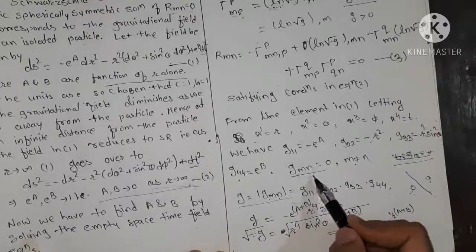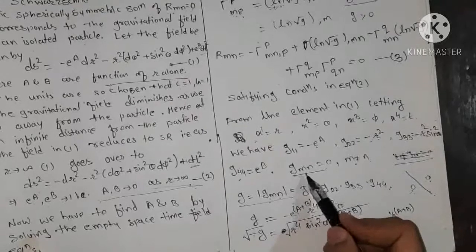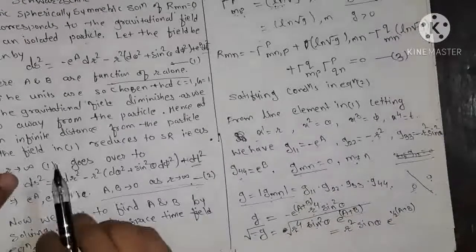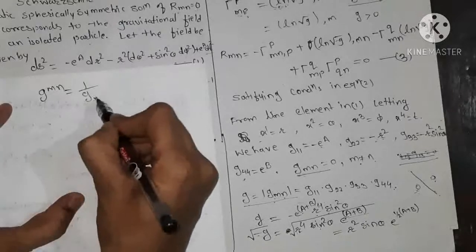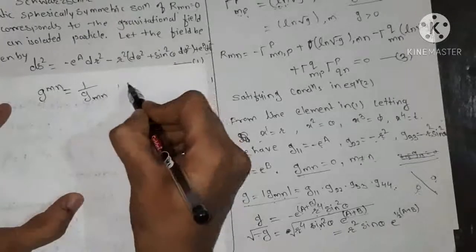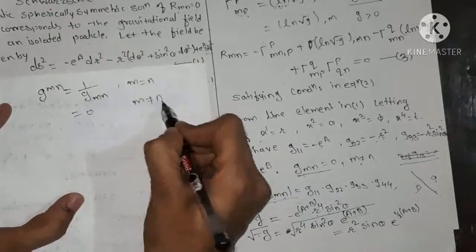Now we calculate the conjugate metric tensor, which is g with upper suffix mn. So g upper mn is nothing but 1 upon g lower mn when m equals n, and this is equal to 0 when m is not equal to n.